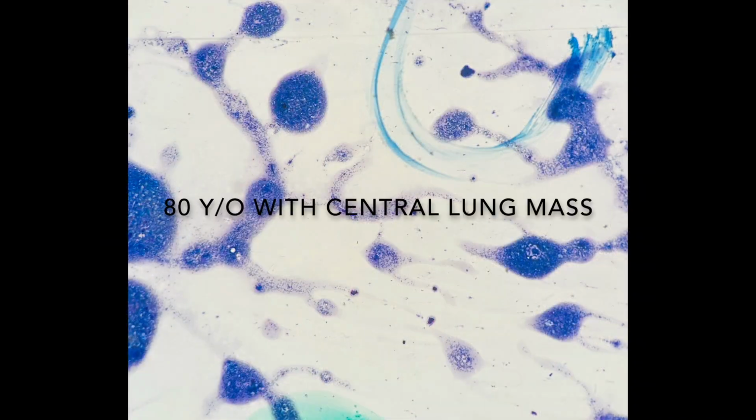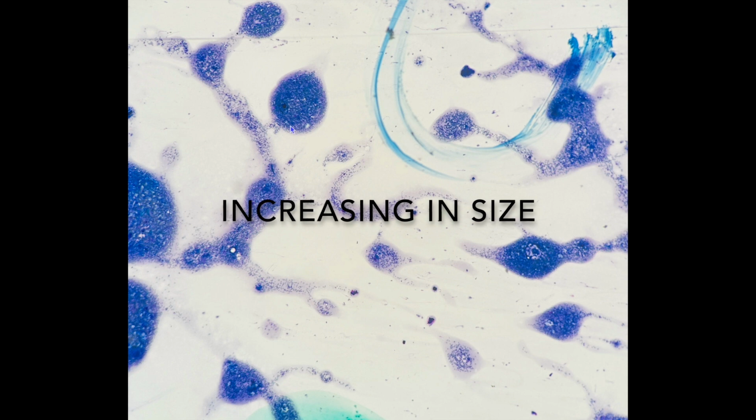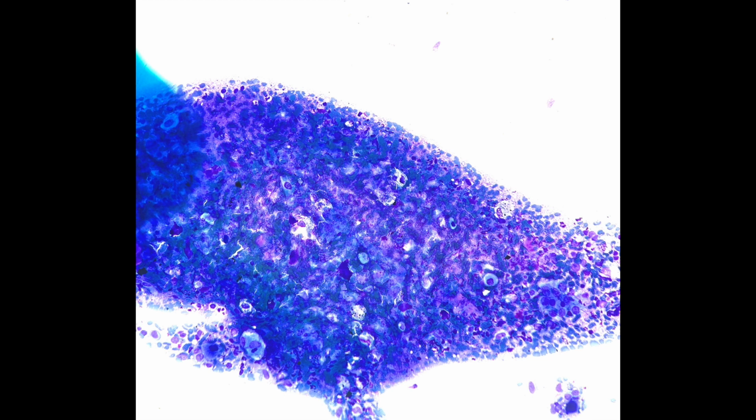Next case, we have an 80-year-old with a central lung mass that has been increasing in size over the past couple of months. So we get an FNA of the lung mass. We see cohesive groups here, here, here, here, here. In one of those cohesive groups, we see maybe a histiocyte here, but we see these interspersed large cells with a central nucleus with dense cytoplasm that is cyanophilic, or robin's egg blue in color.